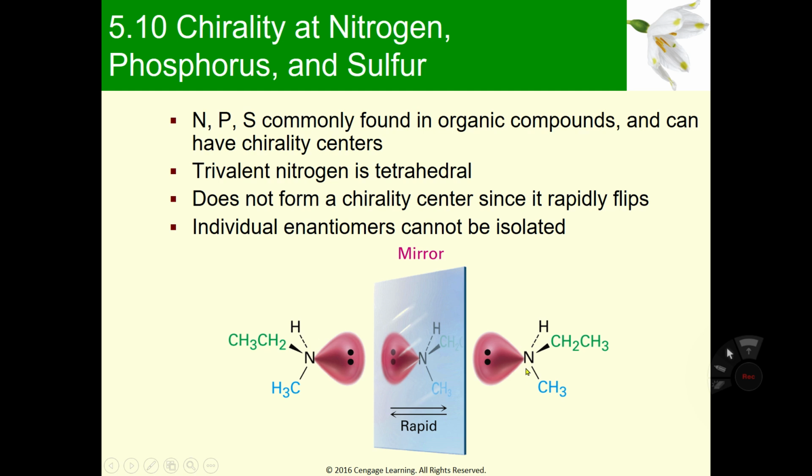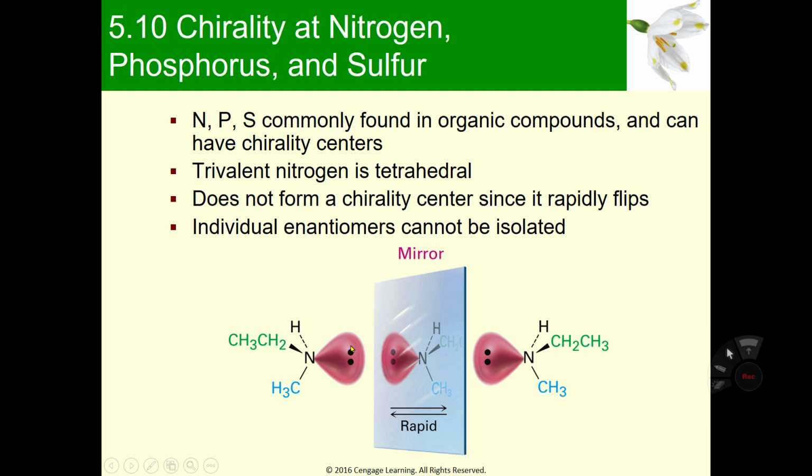We are moving into the chirality of other atoms like nitrogen, phosphorus, and sulfur. For a carbon, you have four atoms or atomic groups bonded to the carbon. But for a nitrogen, you have only three, like this, because you have one pair of non-bonding electrons.